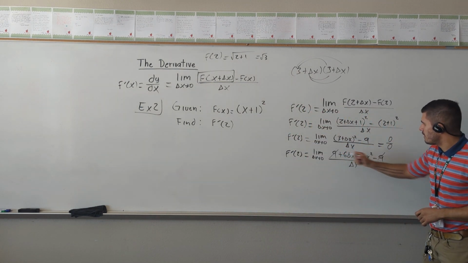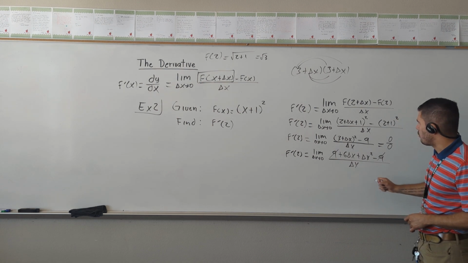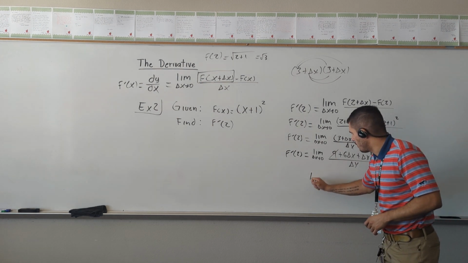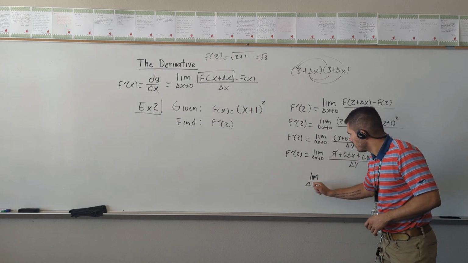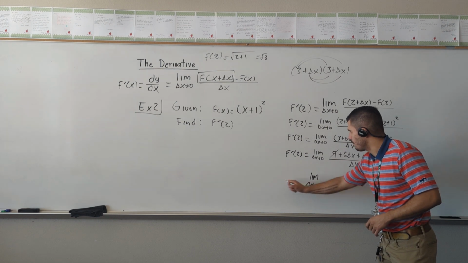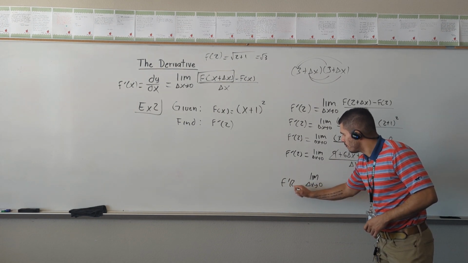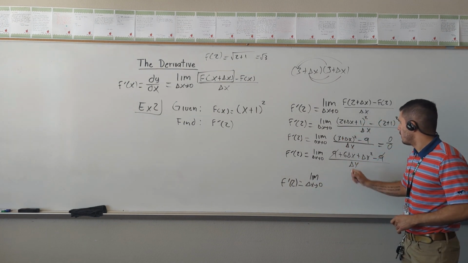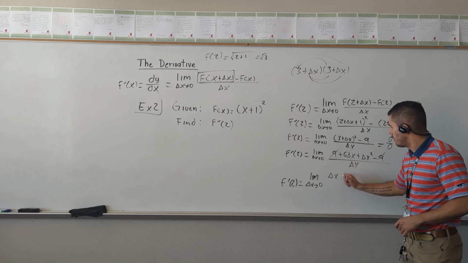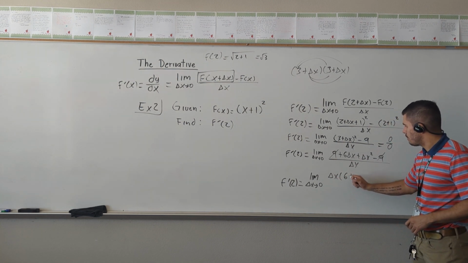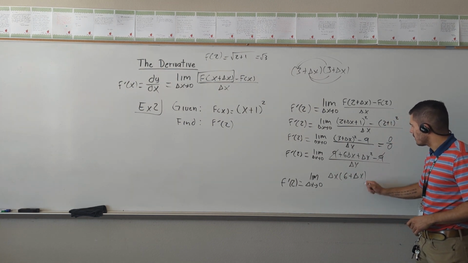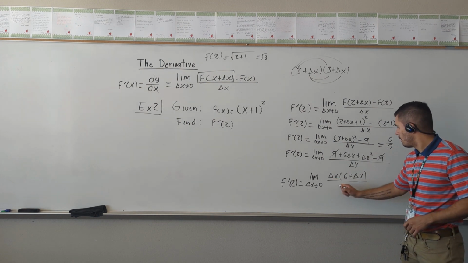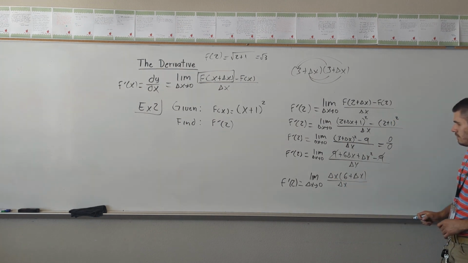So for now, what do I notice here? Well, I can pull out a delta x from here. If I pull out a delta x, then I have the limit as delta x goes to 0, and f prime of 2 is equal to, delta x comes out, leaving me with 6 plus delta x over delta x.